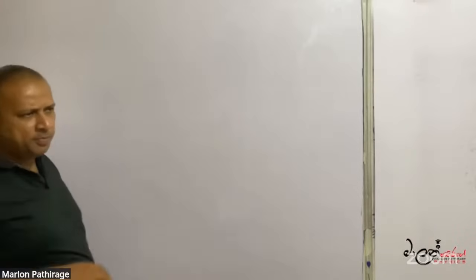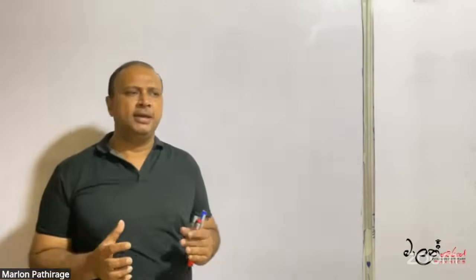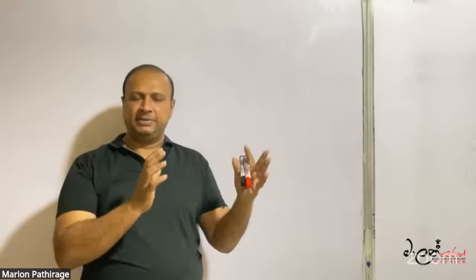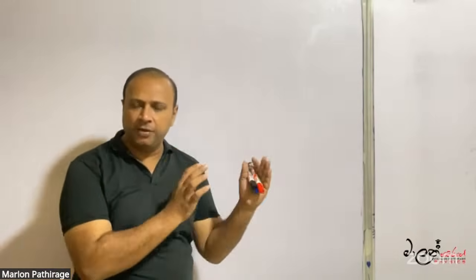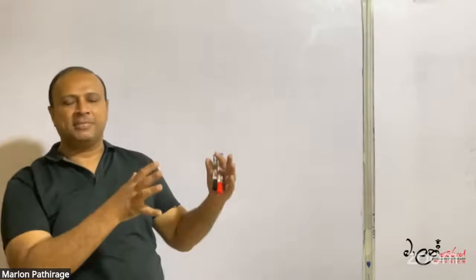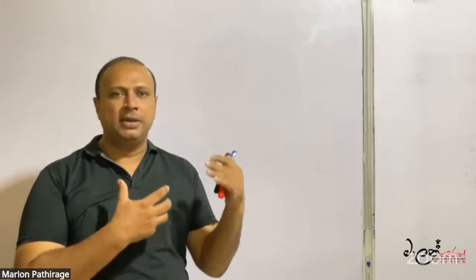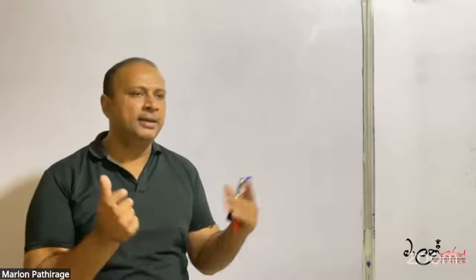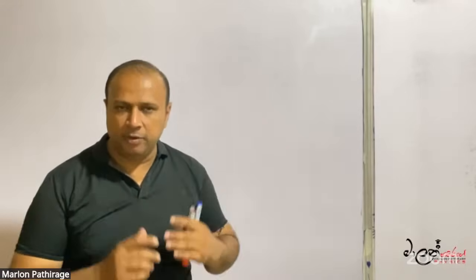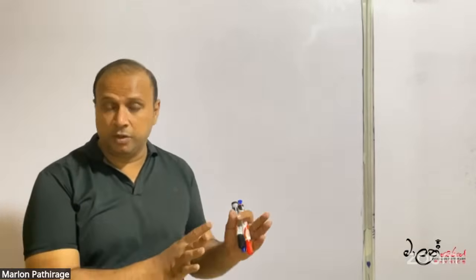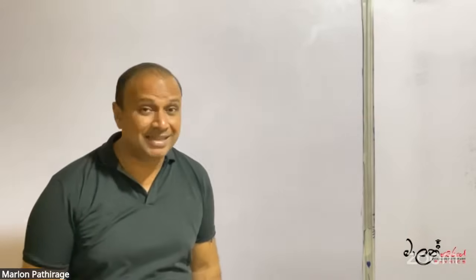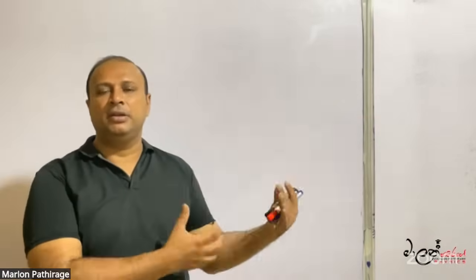Now we have discussed the structure of matter. Structure of matter means the structure of an object. Every object consists of molecular particles, and in between them there are intermolecular bonds. According to the strength of intermolecular bonds, we can divide matter into three states: solid, liquid, and gases.